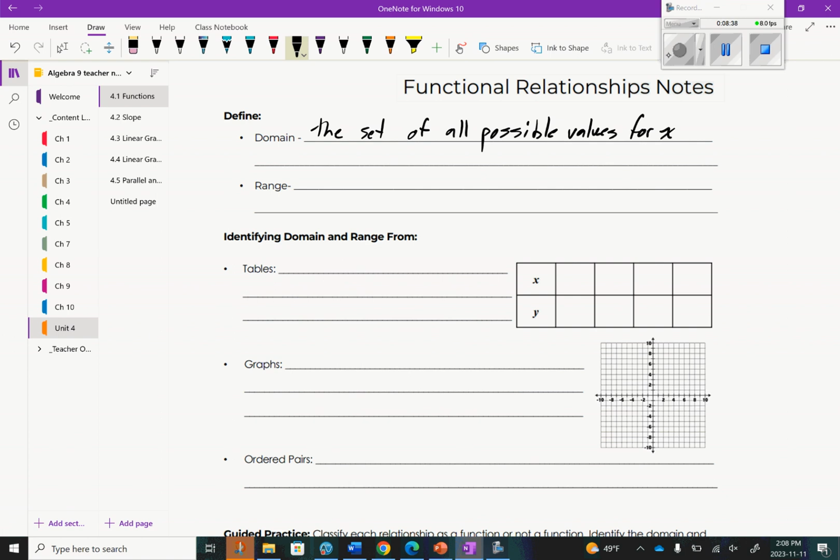The range is the set of all possible values for y. Now again, if you can remember to put domain and range in alphabetical order, then their definitions are in alphabetical order.